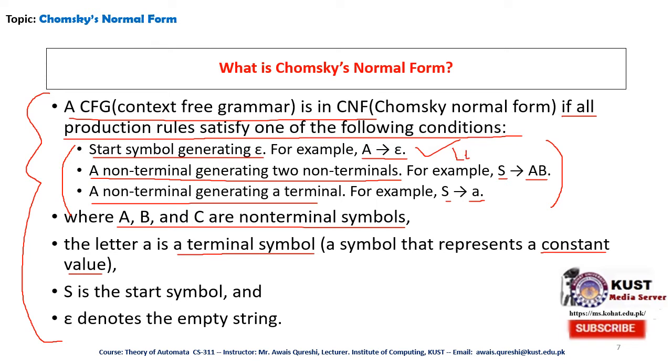Let me write this so it can be remembered later on. A non-terminal generating two non-terminals, and a non-terminal generating a terminal symbol. This is the explanation of the above three concepts.